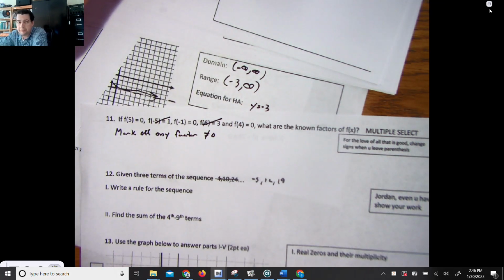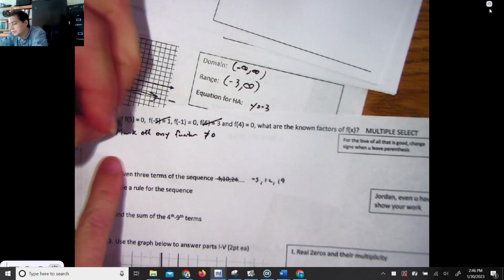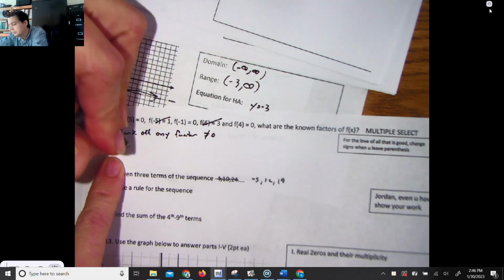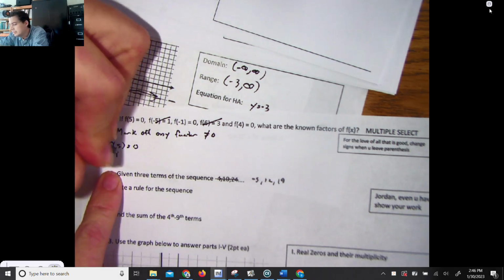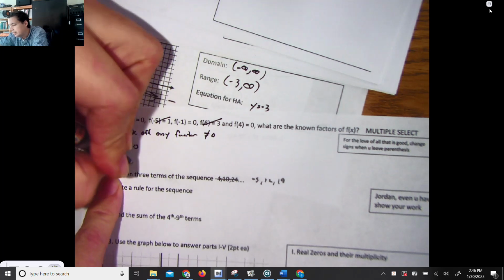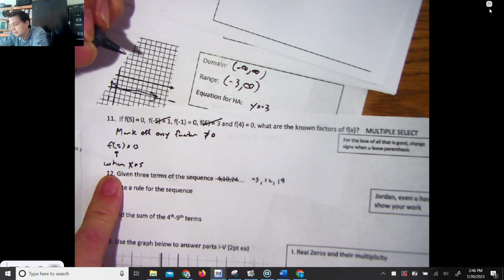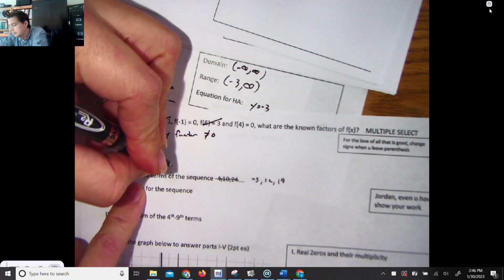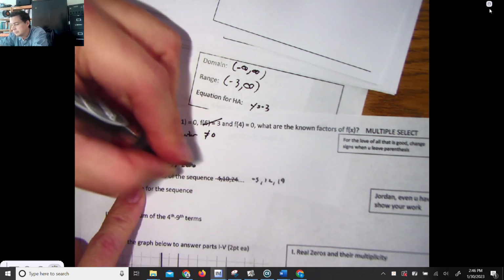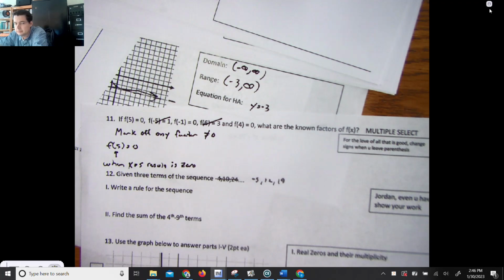Now you're going to write the factor. You talk about f of 5 being equal to 0. If you understand function notation, this makes perfect sense. This literally says when x equals 5, the result is 0. That's what it says.